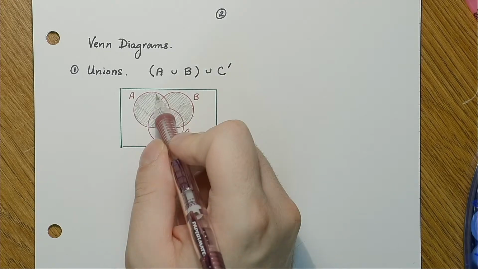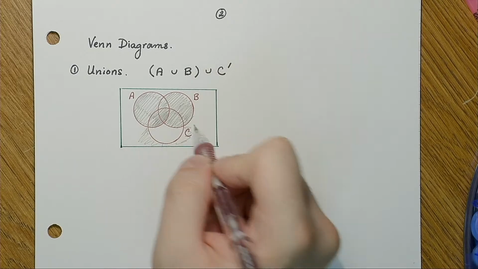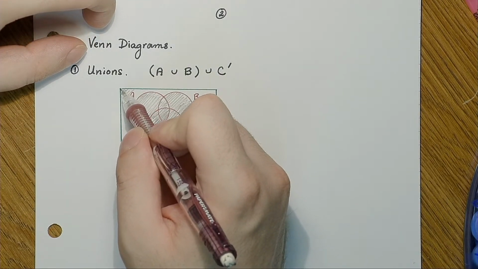So this would include the A, B. It's everything kind of outside that. So we get to shade in more.